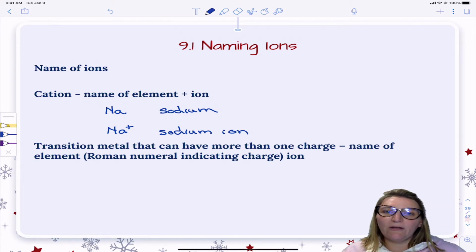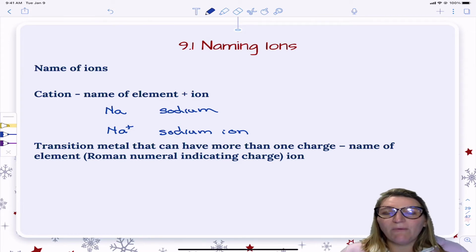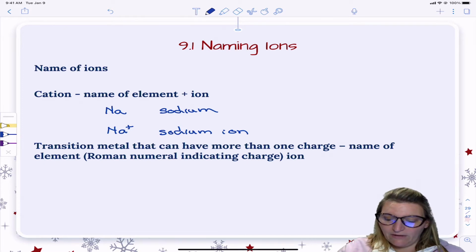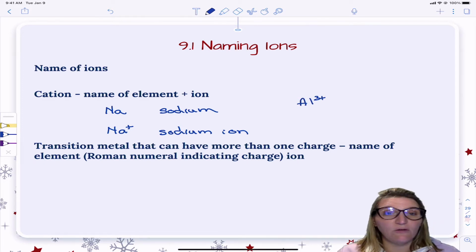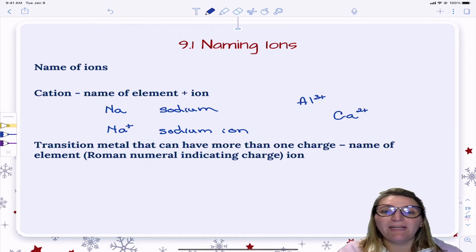Now, this gets a little bit tricky when we get to the transition metals. The reason why I don't need to say the charge on the sodium ion is because sodium always forms a 1+ ion. So if I just say the aluminum ion, you know that the aluminum ion must be Al3+, because aluminum doesn't form any other ions other than 3+, right? The calcium ion, that must be Ca2+, because calcium doesn't form any other ions besides the 2+ ion.